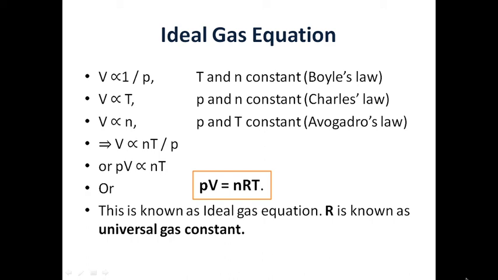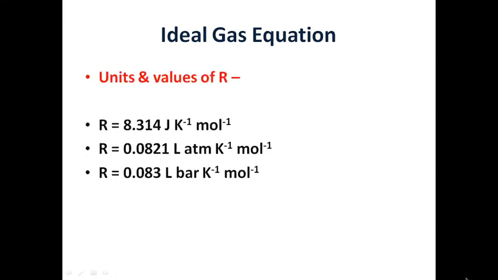Here P is pressure, V is volume, n is the number of moles of gas, R is called the universal gas constant, and T is the temperature. You can find the unit of R by applying the units of P, V, n and T in the equation. And we have some units and values of R here.